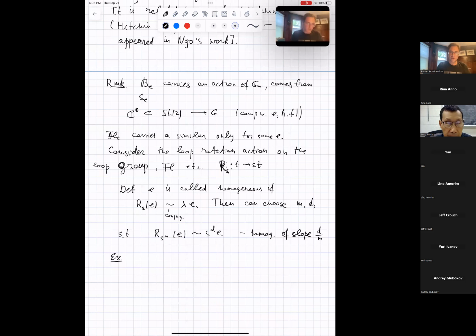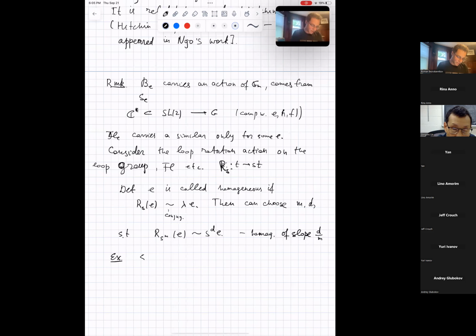Okay, sorry. So the example was that if I take S to be a constant regular semi-simple matrix, and then E is tS, this is obviously slope 1.